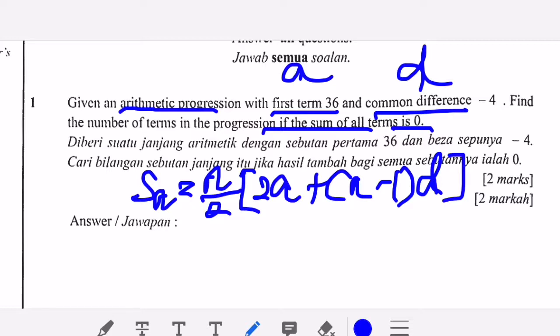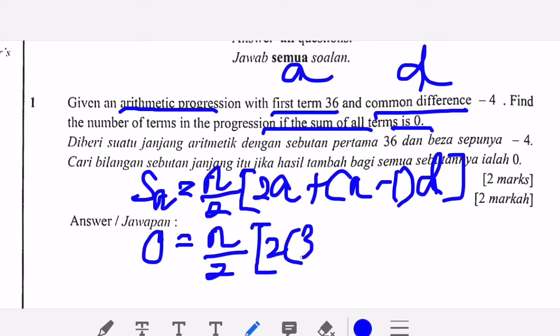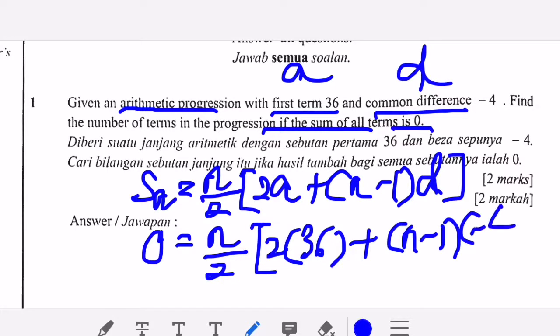Then you substitute Sn equal to 0, and n is the one you want to find. n over 2, then 2 times 36 plus (n minus 1), the d is -4, so (n minus 1)(-4). Then you close the bracket.